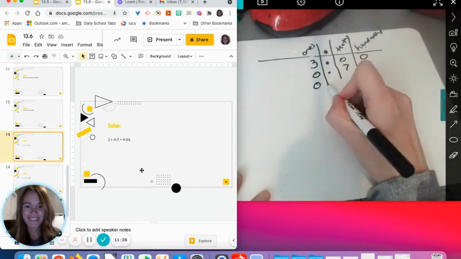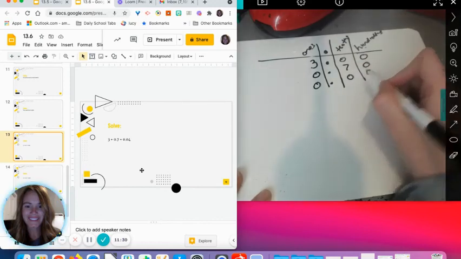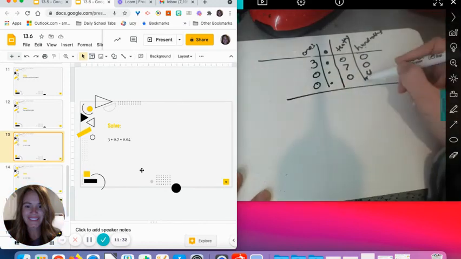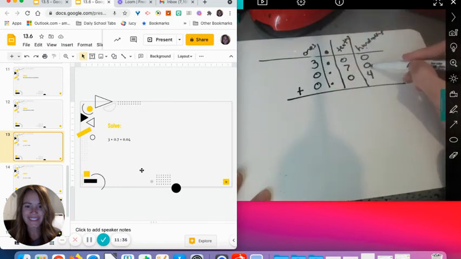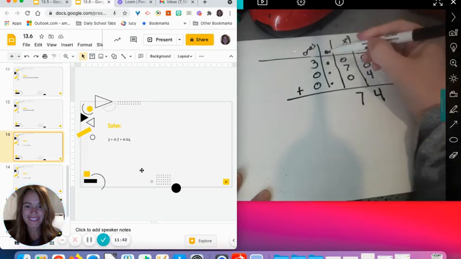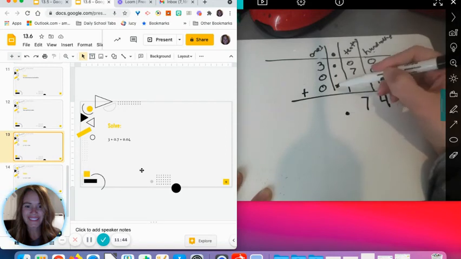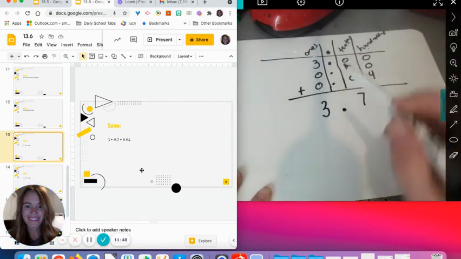So 0.04. And then we can add those up. So I have 0 plus 0 plus 4 equals 4. 0 plus 7 plus 0 equals 7. Bring down that decimal point. And then 3 plus 2 zeros is 3.